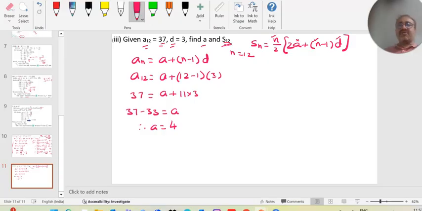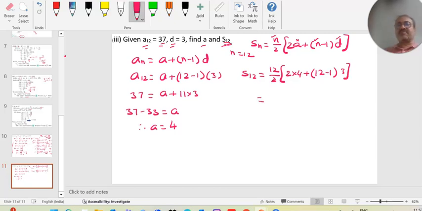Got 4. Now Sn, that is S12, we need to find out. S12 is equal to n by 2, n means 12 by 2, into 2 into a, which is 4, plus 12 minus 1 into d, which is 3.